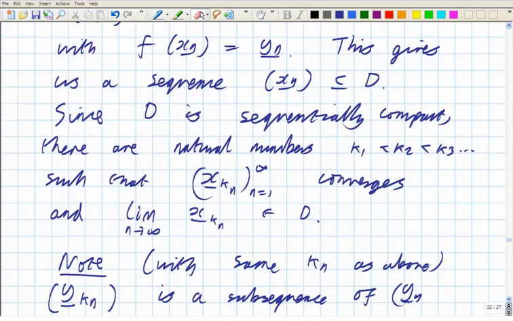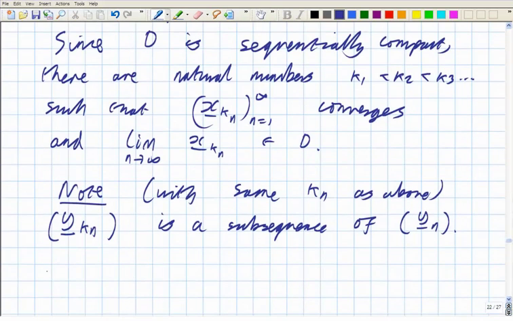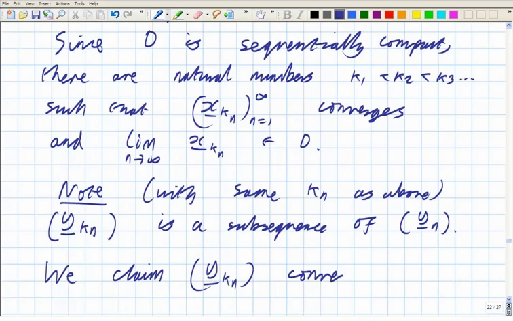And I'm going to claim that this is the subsequence we want that converges to some point of E, the image of D. So we claim y_{kn} converges to a point of E, which is equal to f of D.